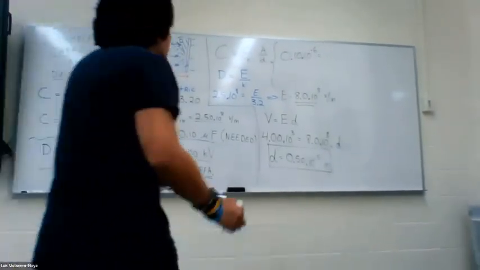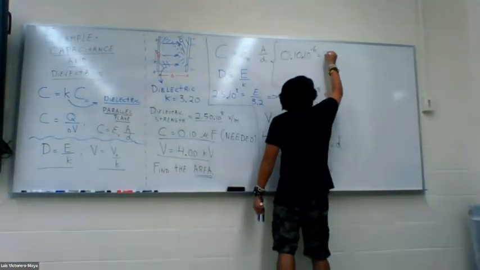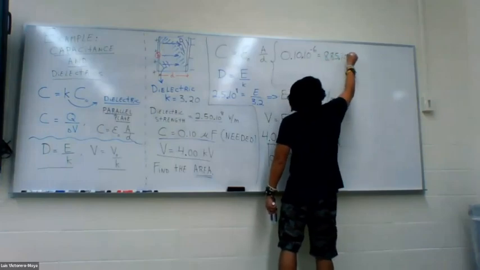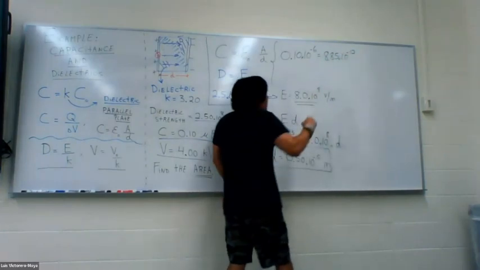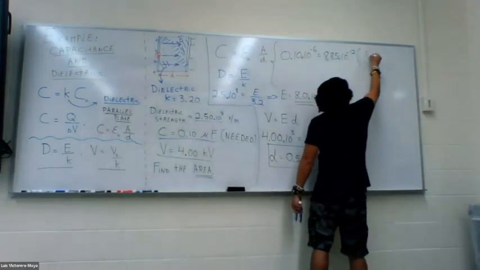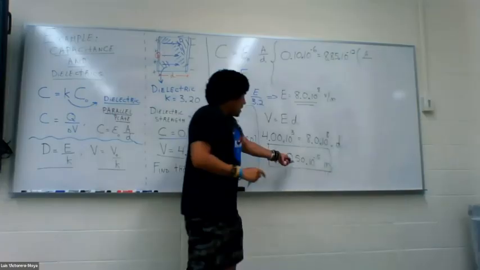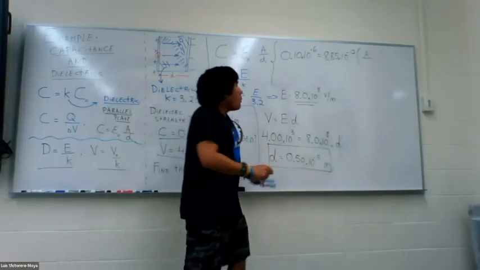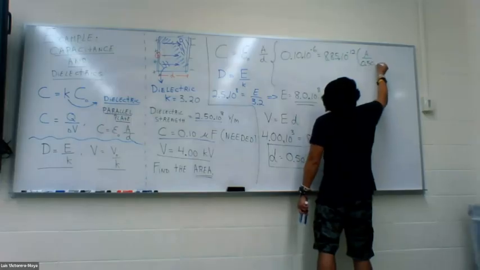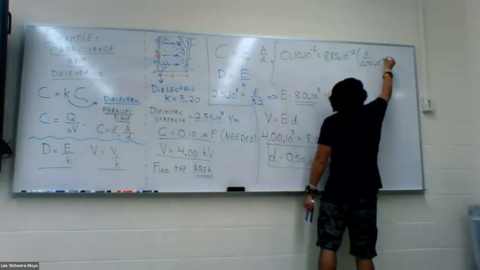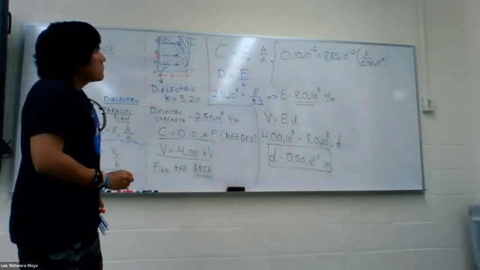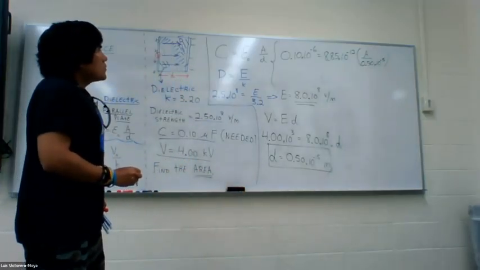It is your 8.85 times 10 to the negative 12. That is your epsilon naught. Area over the distance, which is 0.50 times 10 to the negative 5 meters.